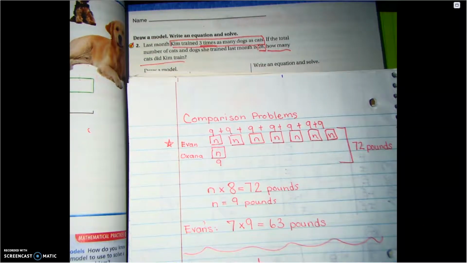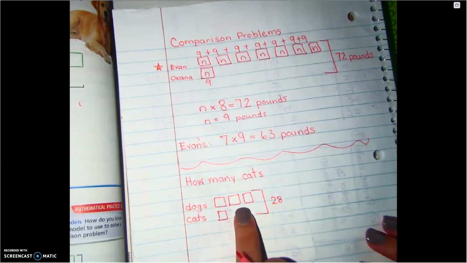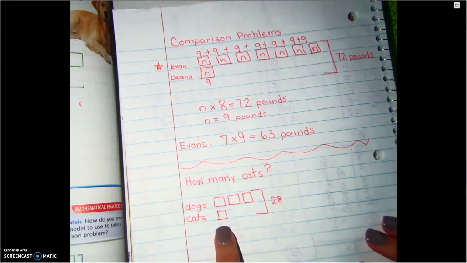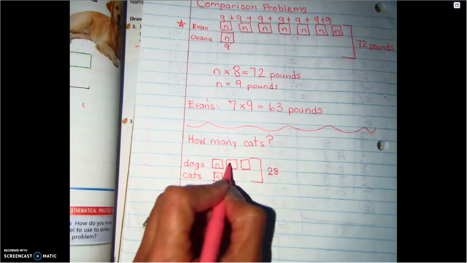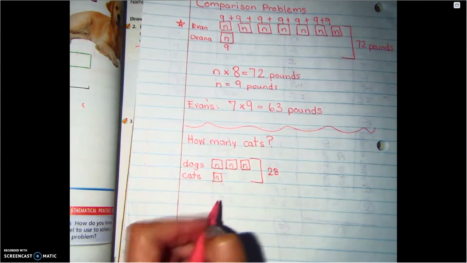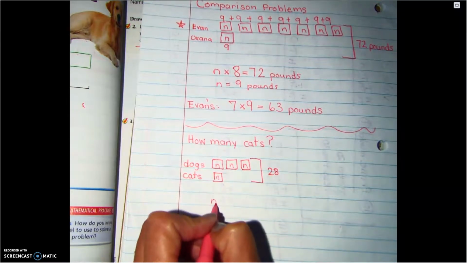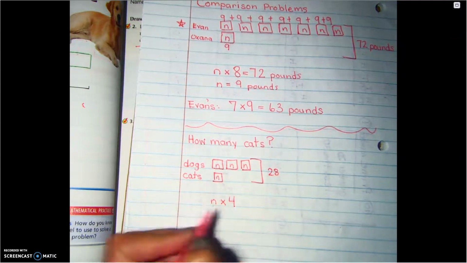Okay, so we're going to do the same thing. Oh, you can't see, sorry. There you go. So she has 3 times as many dogs as there are cats. I'm sorry that you couldn't see. So now we're going to do the same thing. We're going to just call these N. We can call these any letter, but we're just using N right now. So that means we have 4 groups of N, right?